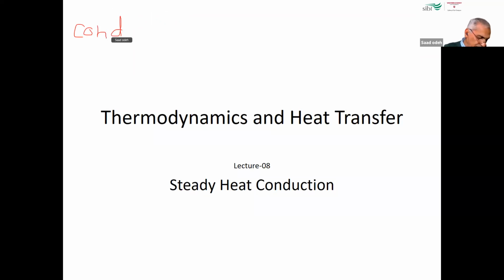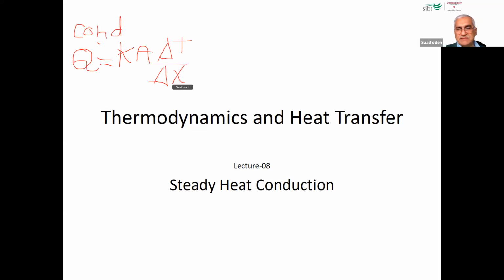We said the formula for heat transfer by conduction is Q dot equal to the thermal conductivity, K, multiplied by the area, which is the surface area normal to the heat transfer direction. So K A delta T, the difference in temperature, divided by delta X, which is the thickness of the surface.